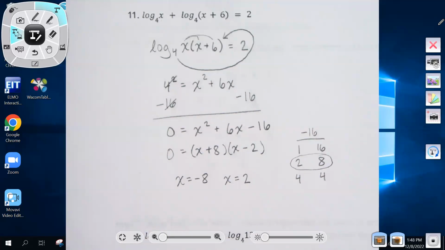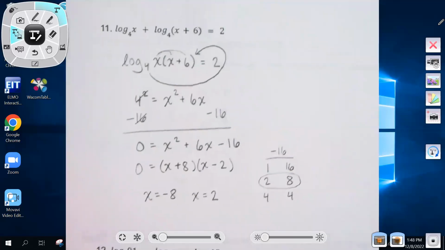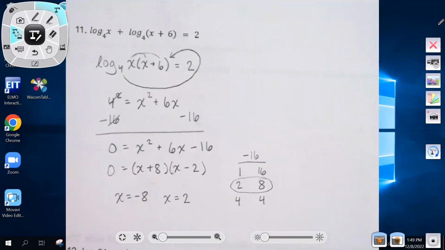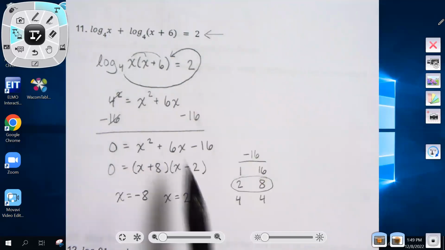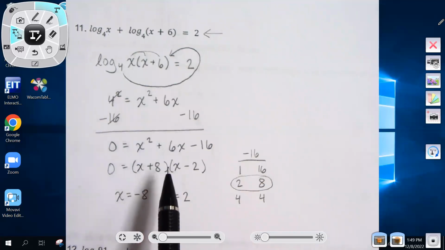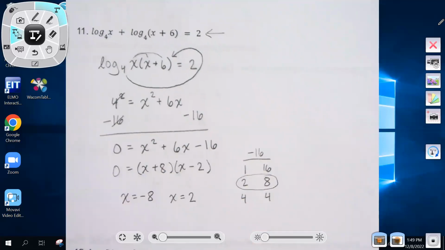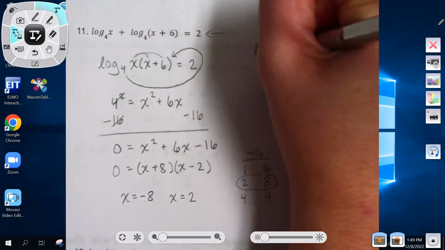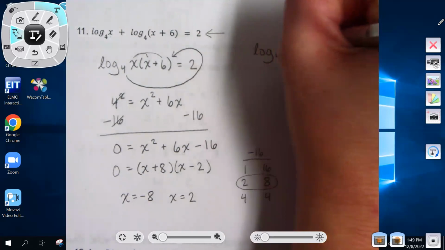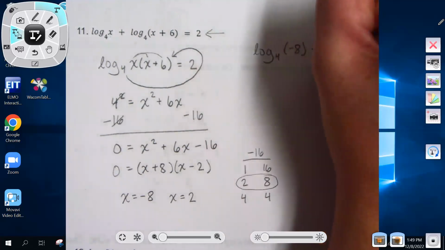So now, since we have more than one answer, this is the one we have to check our answers on. When you check your answers, you have to go all the way back to the very first line of the problem. You can't just pick a line in the middle here and start with it. You have to start from the beginning. So if we're trying -8, we're just going to take that first line, but instead of x, we're plugging in -8.